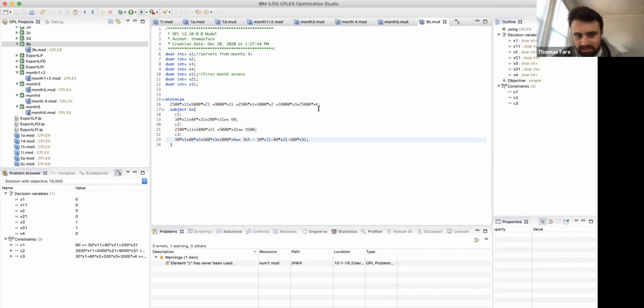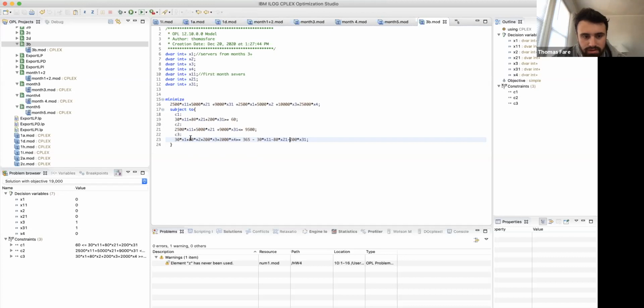So we want to minimize this cost function, in which the constraints are we need at least 60 people in the first month. We need to limit our cost to under 9,500. And we also need to figure out how many servers we need to buy in months 3 and beyond.